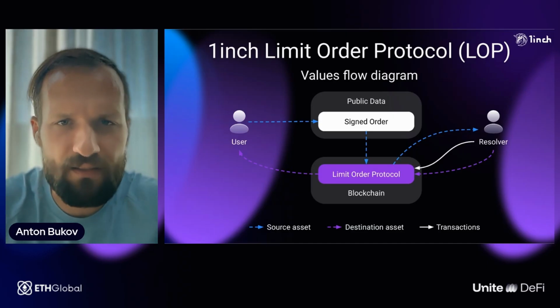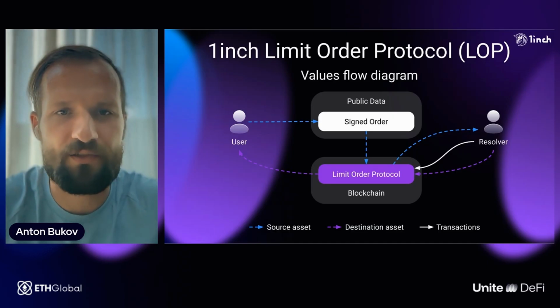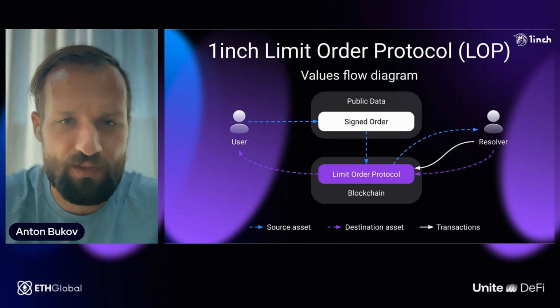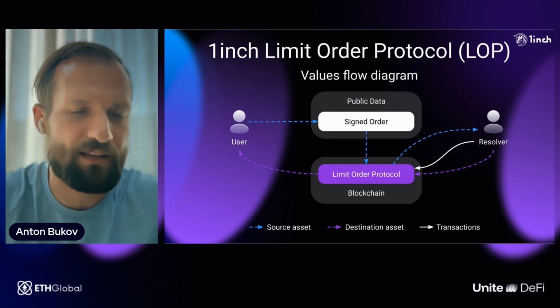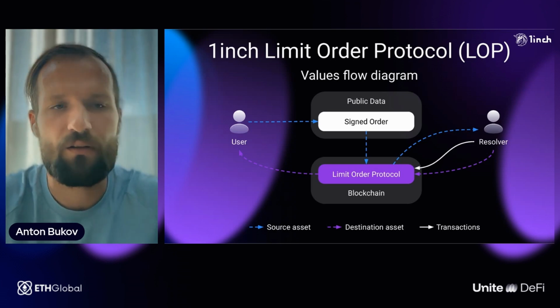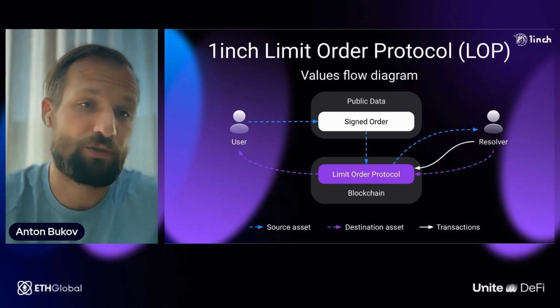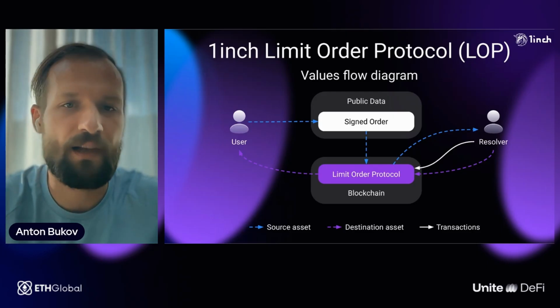So that's not a usual diagram. That's a diagram of value flows. You can see how different assets, or rather the rights for those assets, are being transferred among entities on this slide.